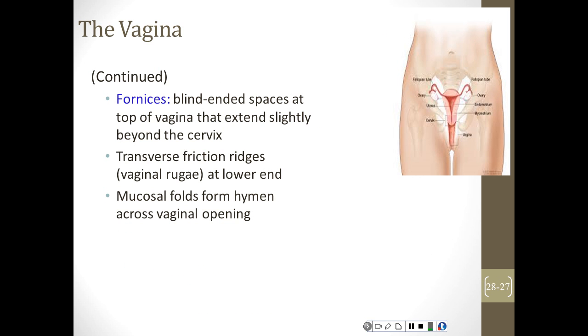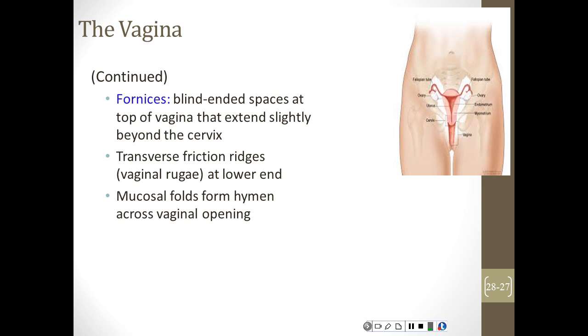Those blind little areas. Now the lower end of the vagina has transverse friction ridges, or vaginal rugae, which contribute to both male and female stimulation during intercourse.